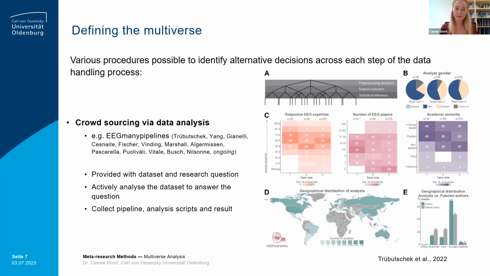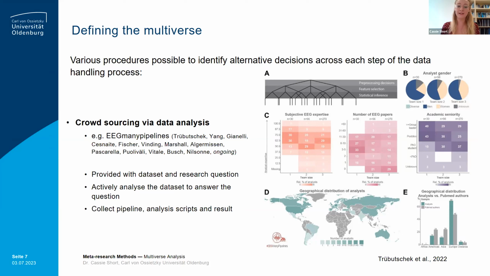Another approach, which is being taken by the EEG Many Pipelines project, is also crowdsourcing, but it's more of an active crowdsourcing. They've actually provided teams of researchers with the data set and given them the research question and said, okay, analyze the data set yourself to answer the research question.